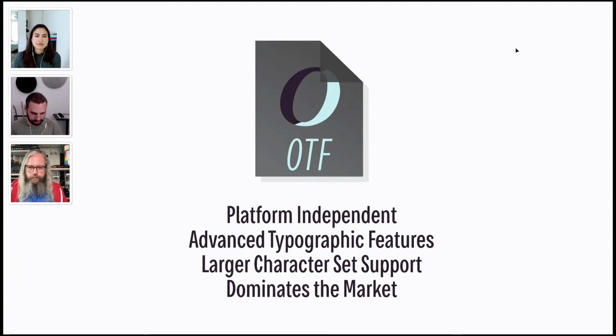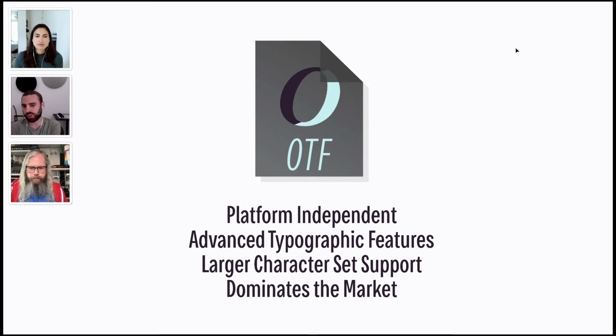So OTF has a lot of advantages. It's platform independent. At the time, TTF was not platform independent; you needed a TTF for Mac and a TTF for PC. OTF presented itself as platform independent.